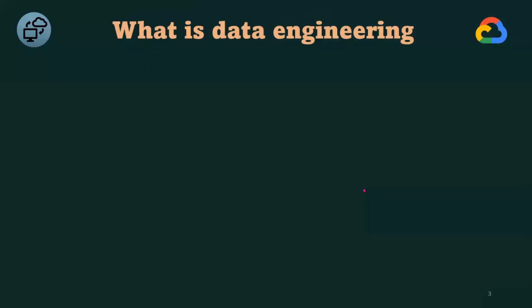What is data engineering? Data engineering is very simple, guys. For example, you will be getting data from multiple data sources. You may be getting the data from some applications, or from file formats like CSV, Parquet, Avro, or JSON files.